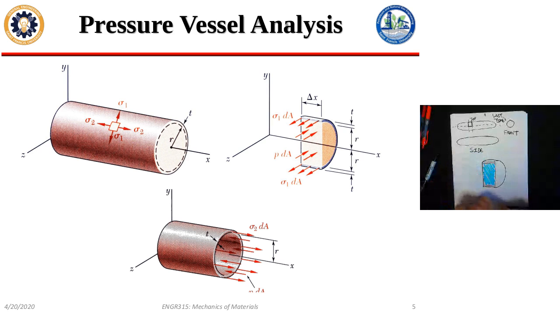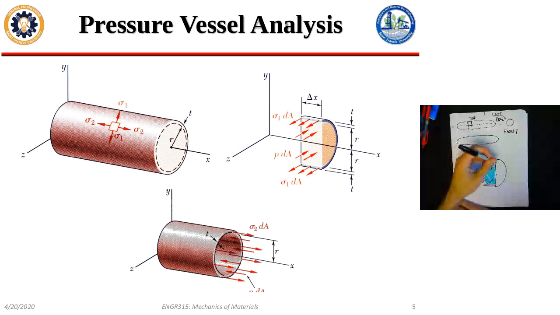Again, if you like Queen, this is a great chapter for you. You know that there's some pressure acting on it, right? It's pressurized. There's fluid actively pressing on it with some pressure. We call it P internal, or the internal pressure.